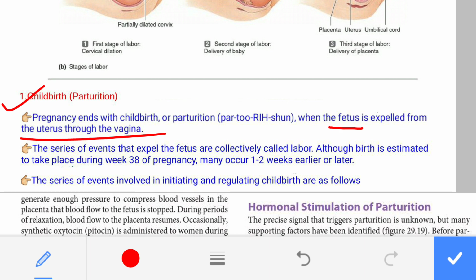Now, the duration of the pregnancy, as we all know, is nearly 9 months. Why am I telling you nearly? Because there is a fluctuation in this time period. Sometimes it will take 1 or 2 weeks more, or sometimes 1 or 2 weeks less. So that is the duration of the pregnancy.